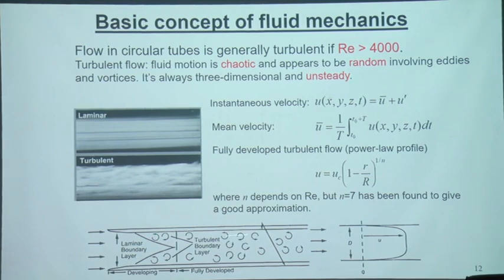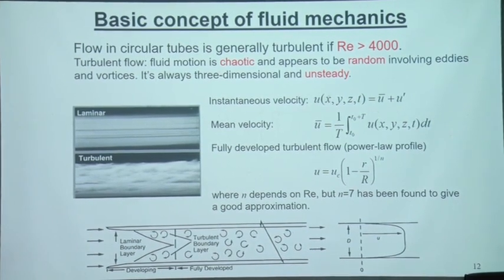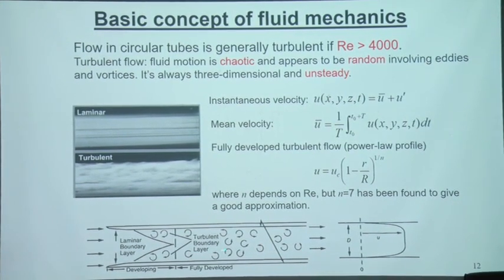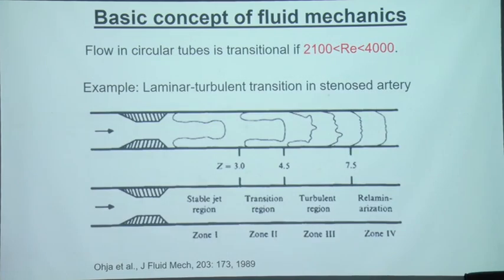This is what a turbulent flow would develop in a straight circular pipe, a power law profile. You can see that the profile is much flatter compared to a fully developed laminar flow, where the profile is parabolic. And then in between laminar and turbulent flow, there is also a flow regime known as transitional flow.